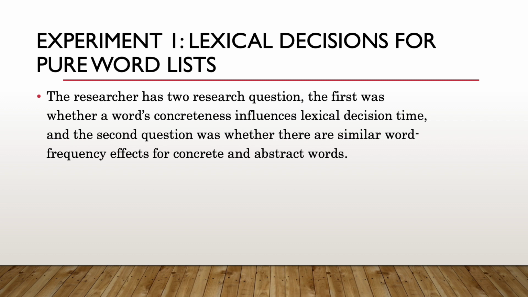So if concrete words could be recognized using the special purpose lexicon, which would be the semantic and the orthographic input lexicon shown in the previous slide, then the dual coding theory would exist and we would expect the frequency of the concrete words to differ from the frequency of the abstract words.